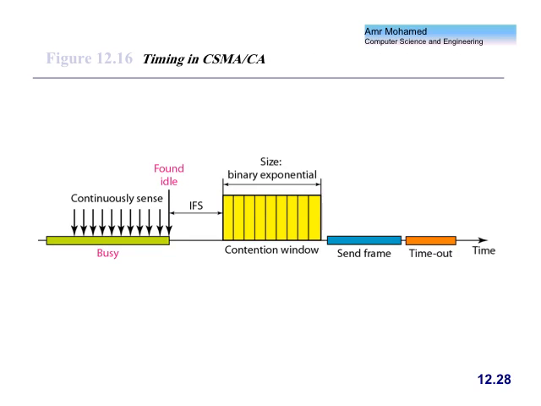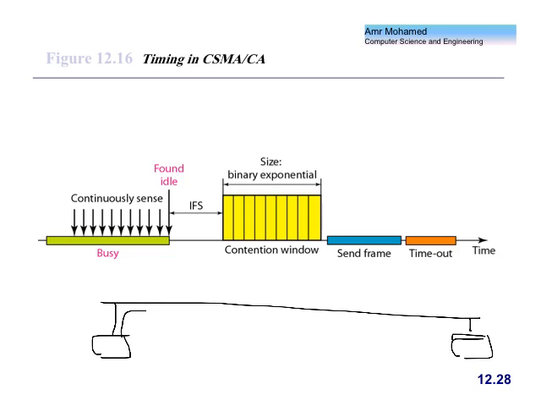So the good thing about Ethernet is that this energy level detection is easy. Why? Because if I have one node and it's trying to send with a specific power level, and the signal goes on the cable, the amount of attenuation for the signal on the cable is really, really low.